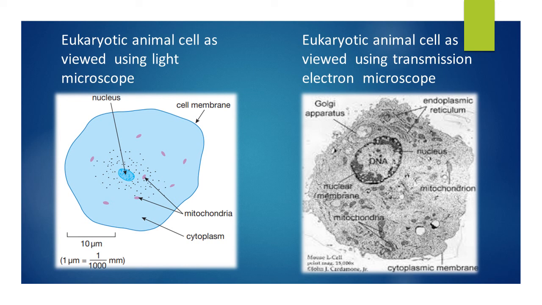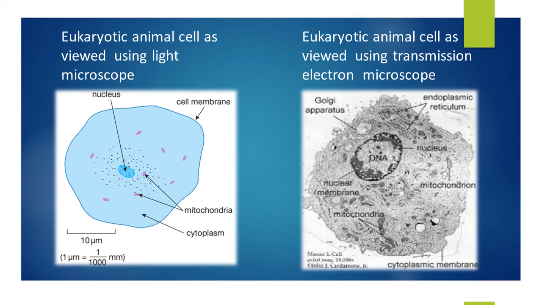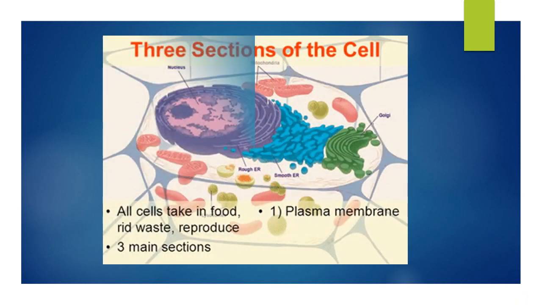Here, apart from the nucleus and mitochondria, there are endoplasmic reticulum, Golgi apparatus and ribosomes also. In each and every cell there are three main sections. First one, cell membrane, second one, nucleus which stores the genetic information, and third one is cytoplasm.